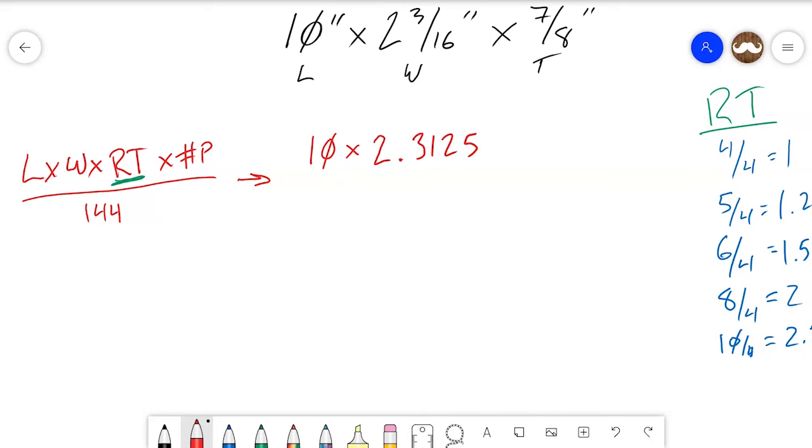So 10 times 2.3125 times our rough thickness, which we have decided is going to be 5/4, or 1.25, times our number of pieces, which in this case is just 1. And we're going to divide all of that by 144. So let's get our calculator out and we'll take a look at that calculation.